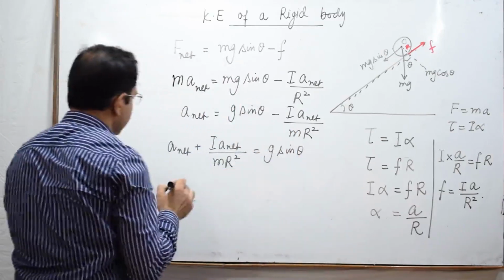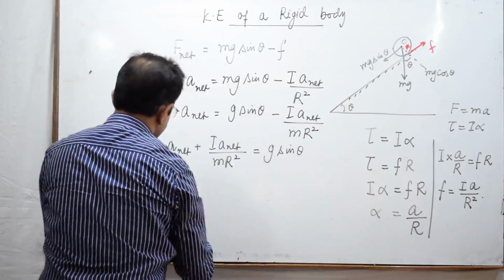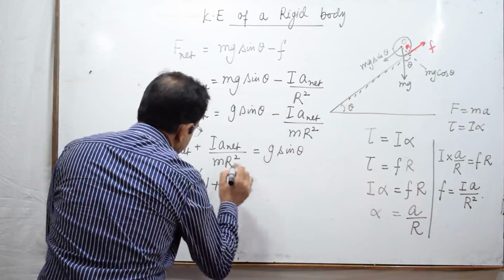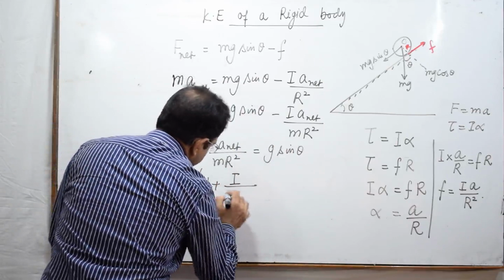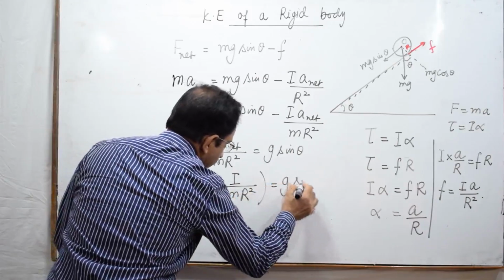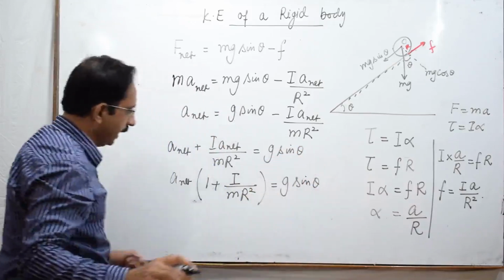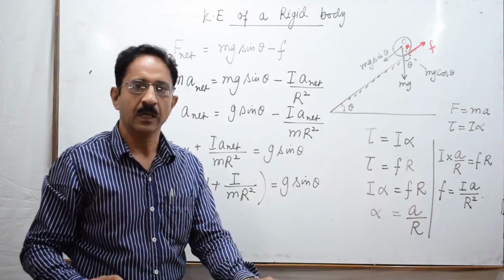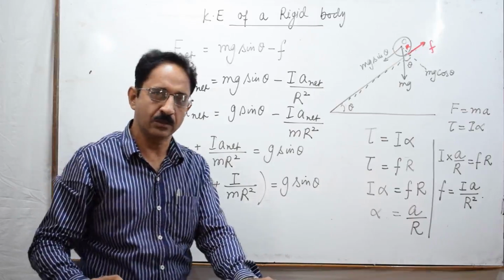Now bring in the value of I, I will be doing it in the next step, so this will be a net into 1 plus I divided by m r square is equal to g sin theta. Now when you talk about I, this I can be written as m into k square. What is k there? K is the radius of gyration of the rigid body.